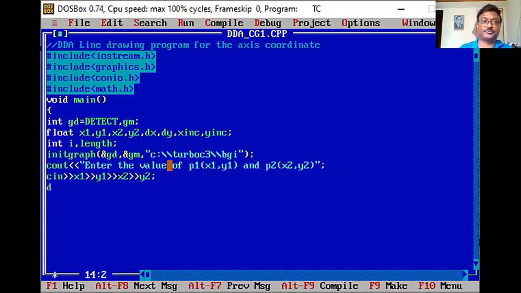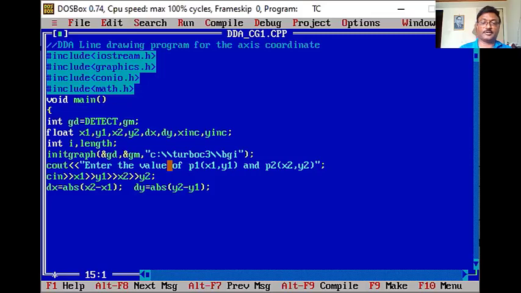So dx is equal to what? I am going to say here abs(x2 minus x1), and dy is equal to abs(y2 minus y1). Why am I writing the absolute value? That returns a rounded value. Once you calculate dx, dy, then what?